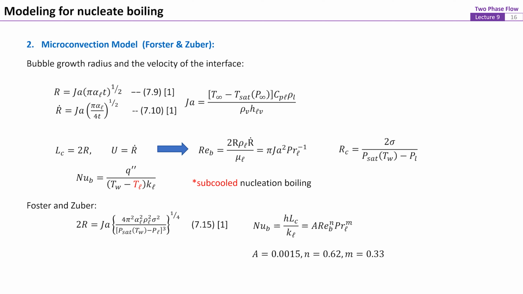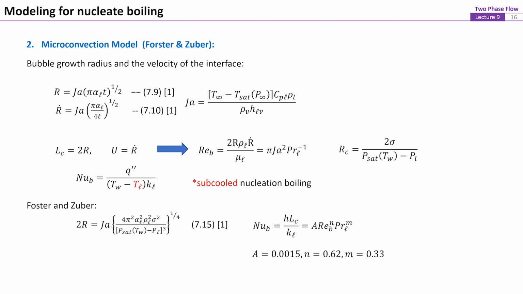Another important thing to be noted here is that the temperature used for defining the Newton number is the temperature difference between the wall and the surrounding bulk liquid, rather than the standard excess temperature. This implies that the subcooled liquid would affect the heat transfer in nucleate pool boiling.